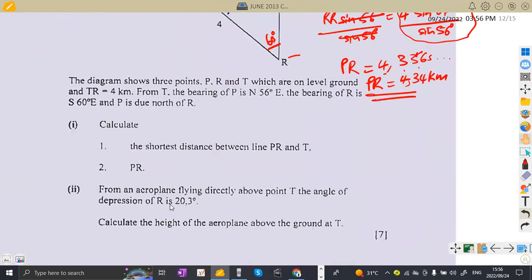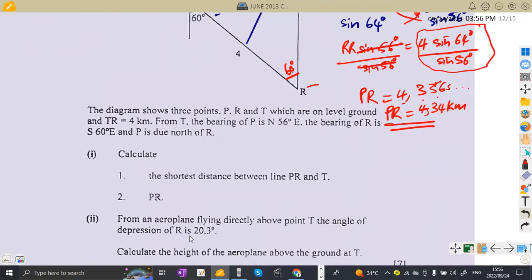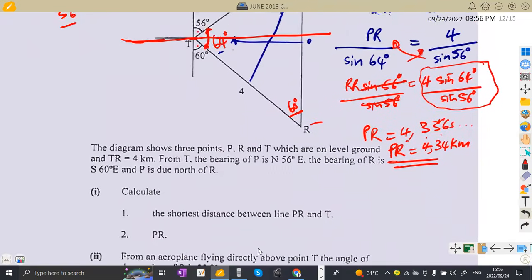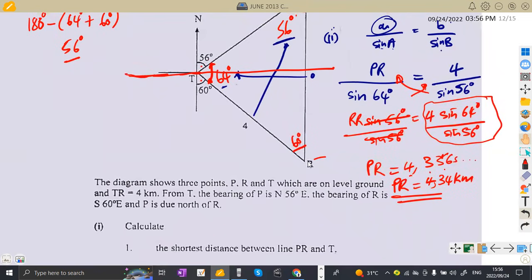This one is point R, which is where the angle of depression is 20.3. So as you know, we are supposed to look at the ground at this point.